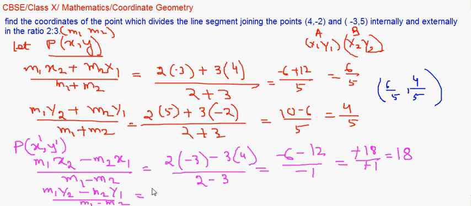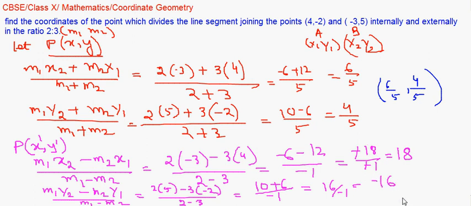So that gives me 2 into 5 minus 3 into minus 2 by 2 minus 3. So it is 10 plus 6 by minus 1. So it is 16 upon minus 1, which is giving me the coordinate minus 16.